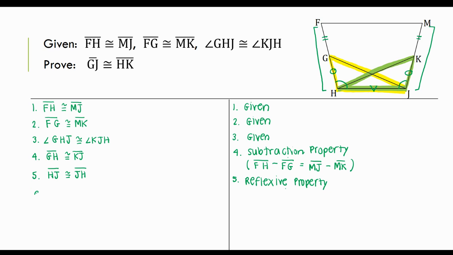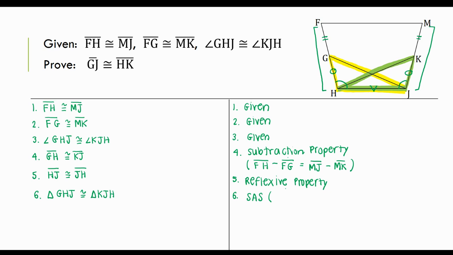And now I do have 3 things that are marked in my picture, so I can name those triangles. So it's the triangle of GHJ congruent to the triangle of KJH. And if you look at the markings, it's because of side, angle, side. So my first set of congruent sides that are a part of the triangle were not step 1 and not step 2.